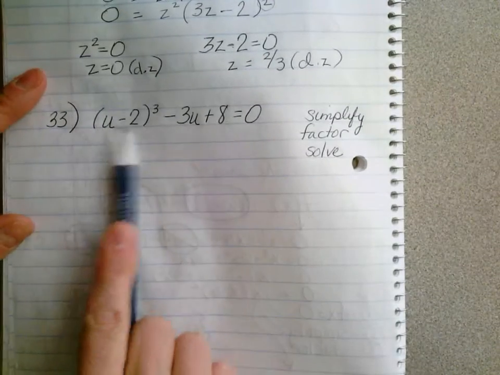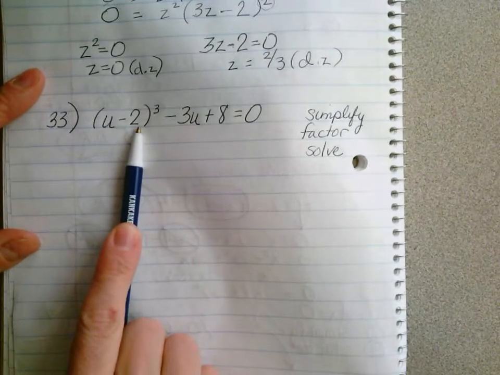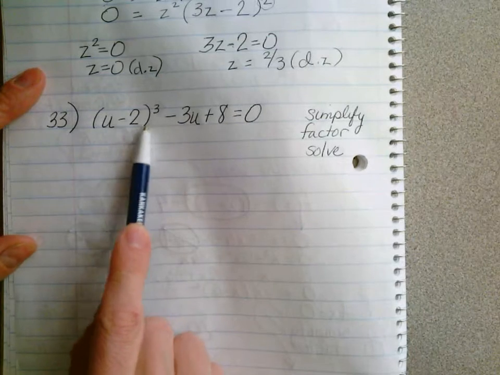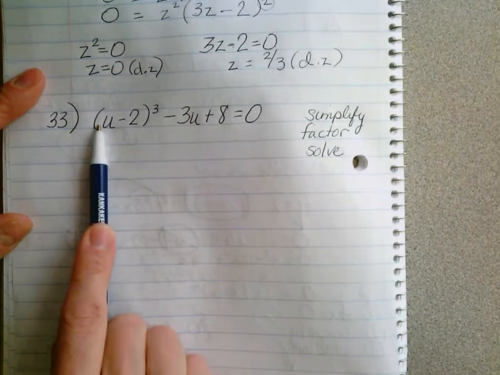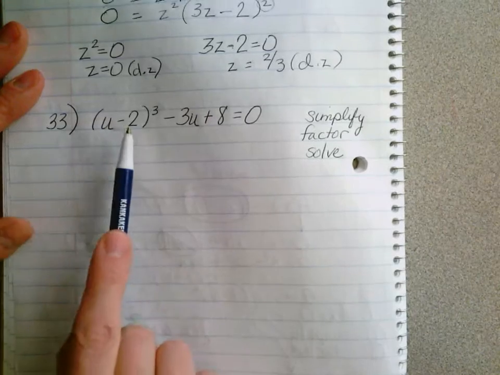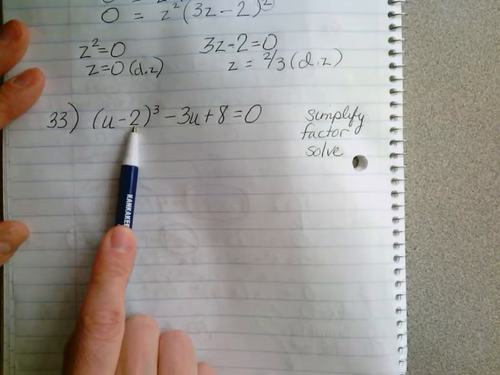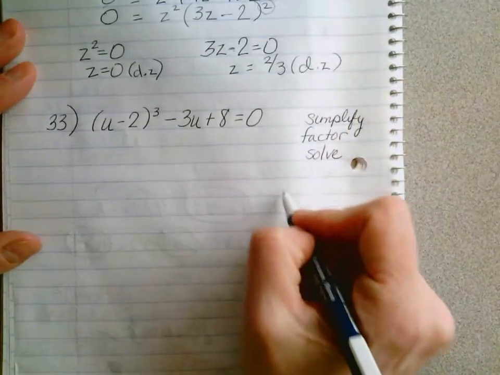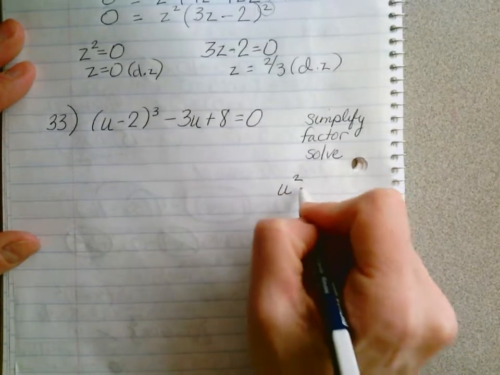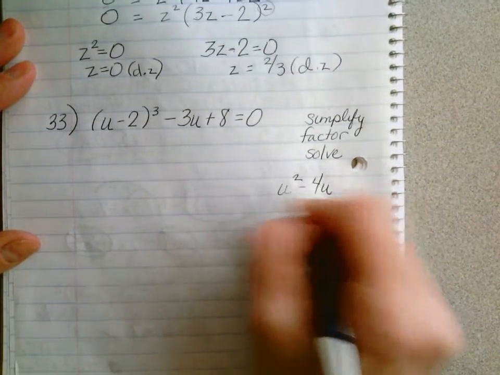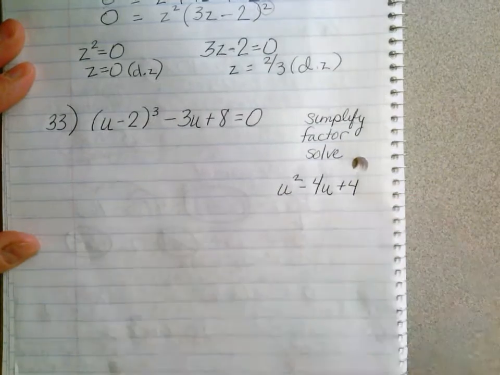So in order to do that, let's square this and then multiply it by itself one more time, because this technically means u minus 2 times u minus 2 times u minus 2. So u minus 2 squared is u squared minus 4u plus 4.